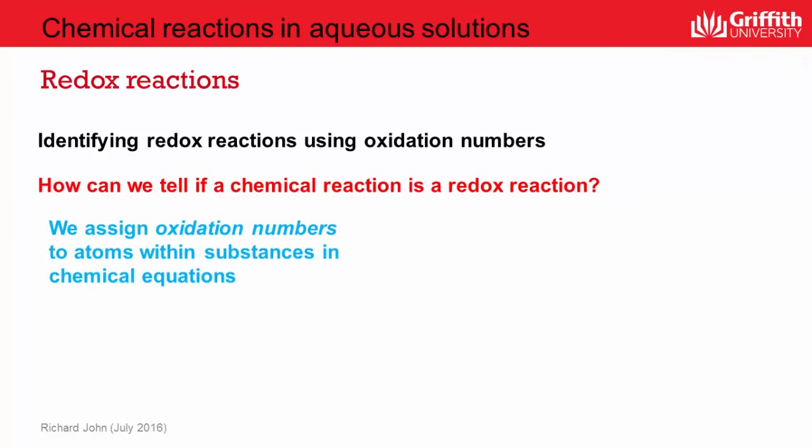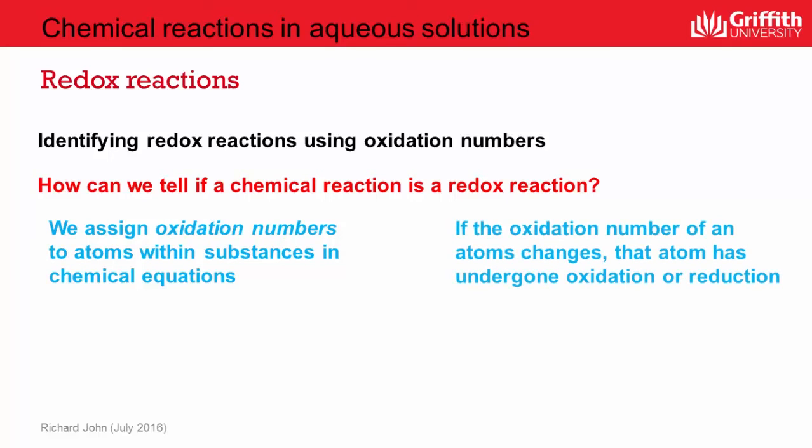We do this by assigning oxidation numbers to atoms within substances in the chemical equations. If the oxidation number of an atom changes, then that atom has undergone oxidation or reduction.